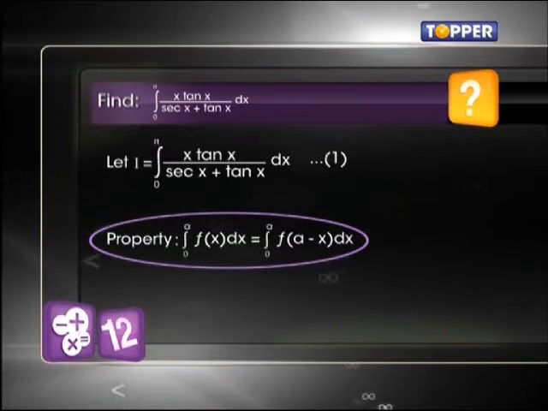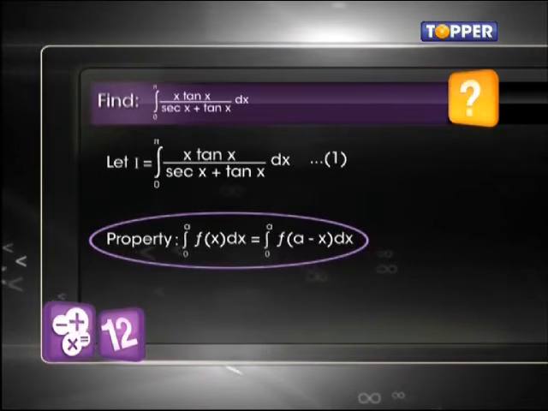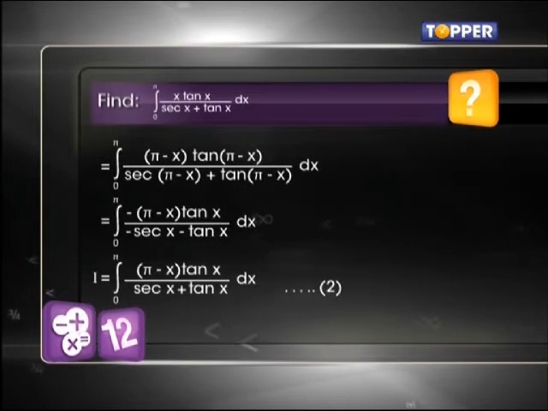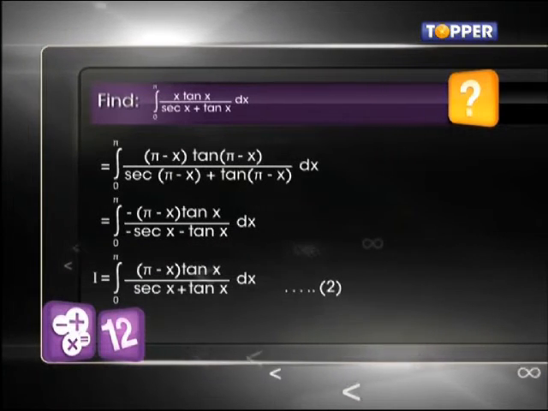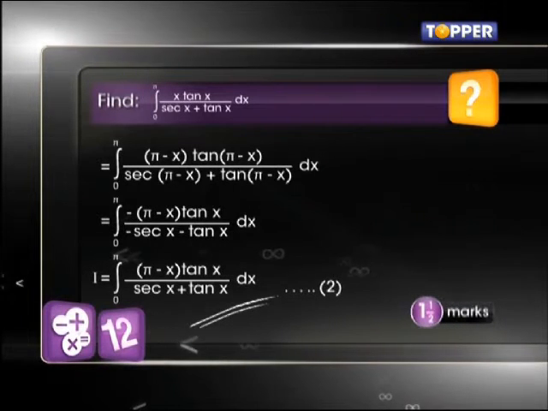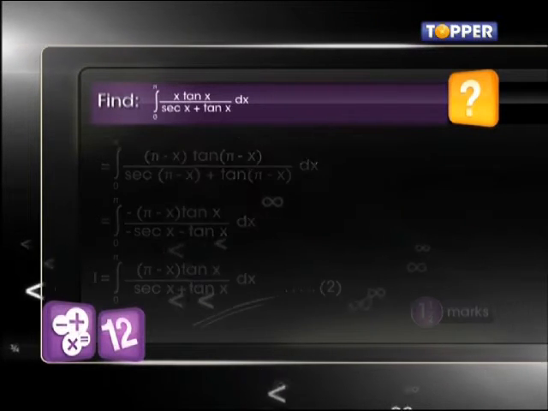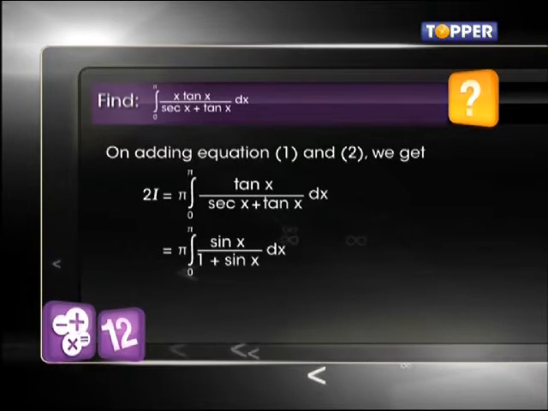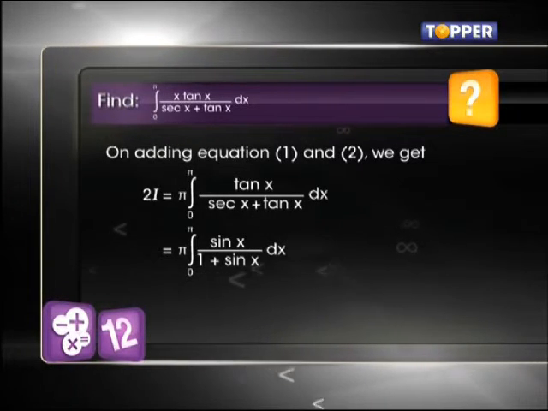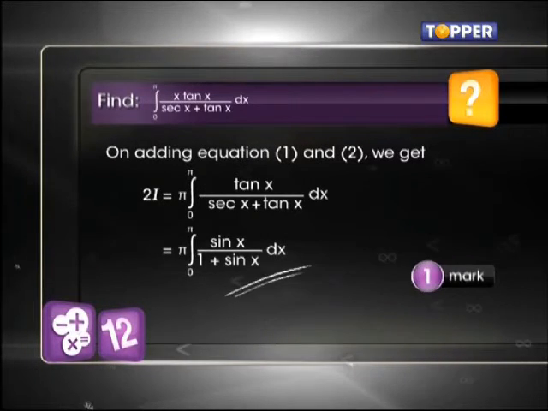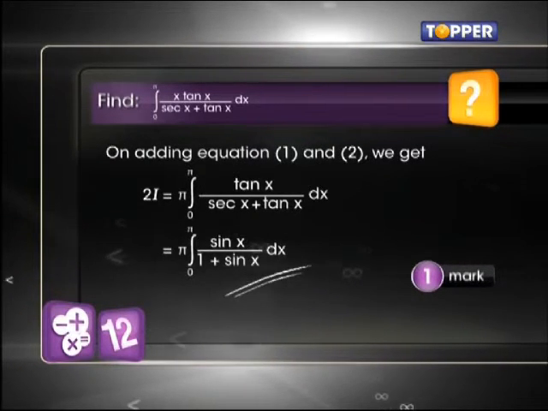Now by using the property and simplifying it, we get I is equal to pi minus x tan x upon sec x plus tan x. Let's call this equation number 2. So on adding both the equations, we get 2I is equal to pi into integral of sine x by 1 plus sine x into dx.